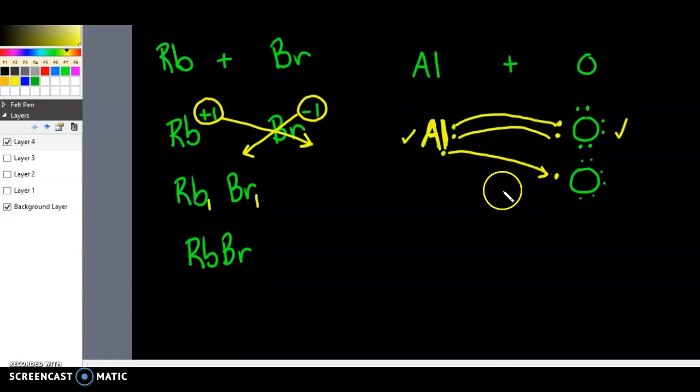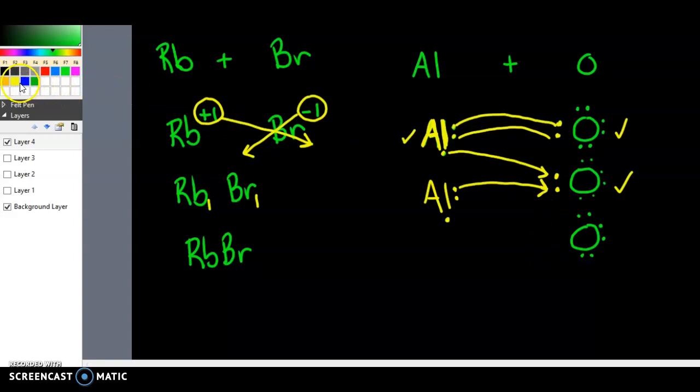But I'm still missing a spot here on the oxygen, so I'll add another aluminum with 3 valence electrons. One of these can go here. 1, 2, 3, 4, 5, 6, 7, 8. Oxygen is happy. But I still have 2 extra electrons on this aluminum atom now. So I'm going to add another oxygen with 6 valence electrons.